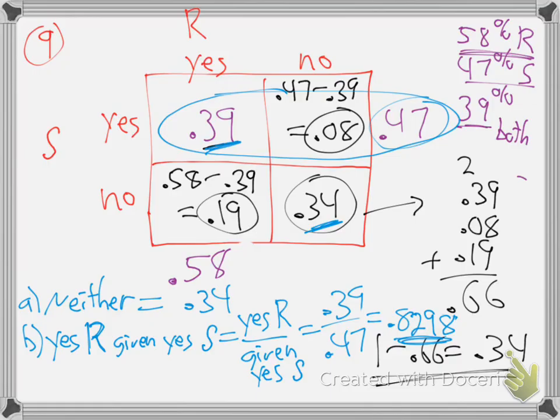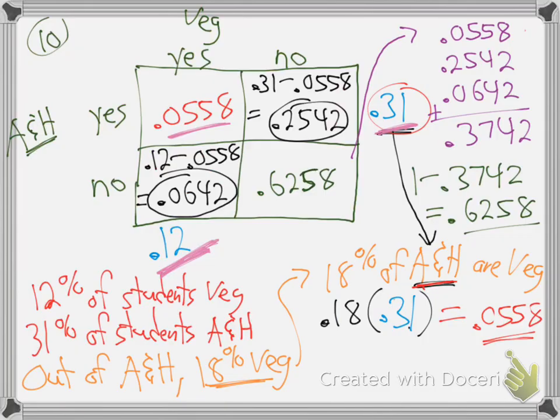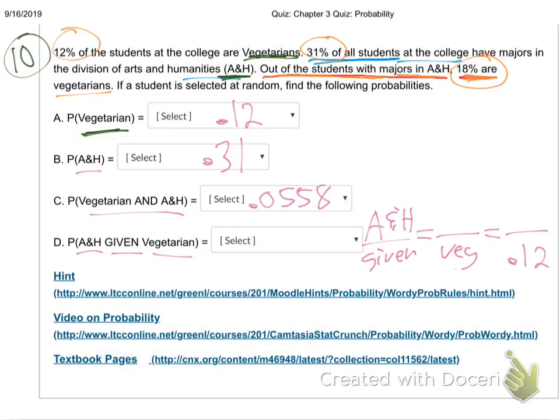So, right, because, whoops, I'm on the wrong screen here. So here's the veg group. And for that group, 0.12 total, the arts and humanities is 0.0558. So divide that on your calculator. I'm getting 0.465.